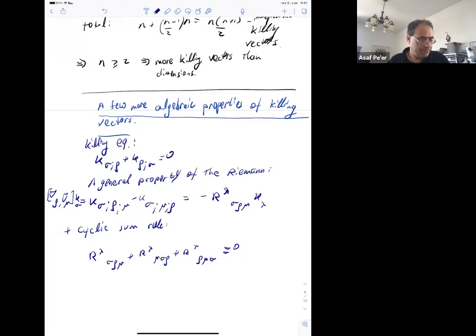Now, okay, so let's use these two together, and we find that for any vector, not necessarily a Killing vector, right?